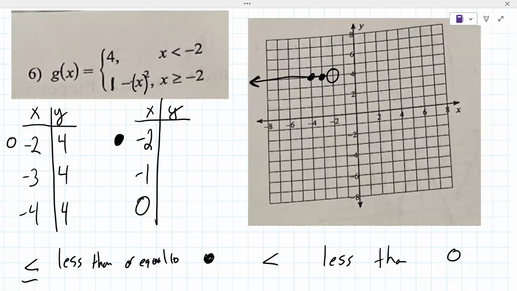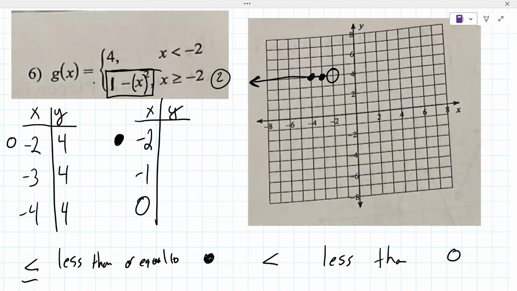Four. Not four. What? I just did -2 squared. What is the second piece? What's the function? 1 minus x squared. But you just put the parentheses down. That's why I was using that for the parentheses. Put the parentheses lines down.